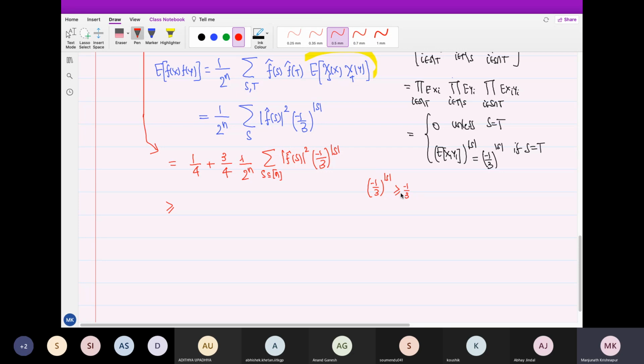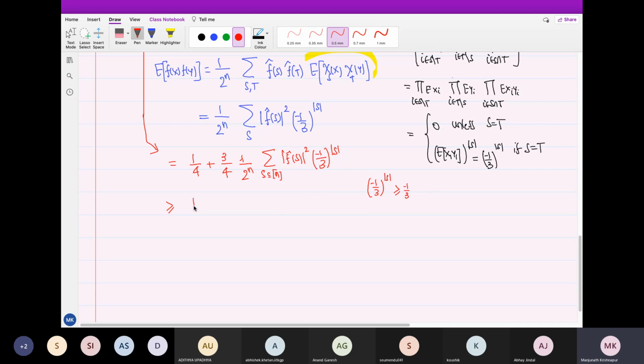Because cardinality S can also be 0, but in that case it is positive. When cardinality S is even, this is a positive number, so greater than or equal to minus 1/3. When it is an odd number, the lowest odd number is 1, and that gives you minus 1/3. Later ones will give you 1 by 27, minus 1 by 27, and all that. So this is all we say.